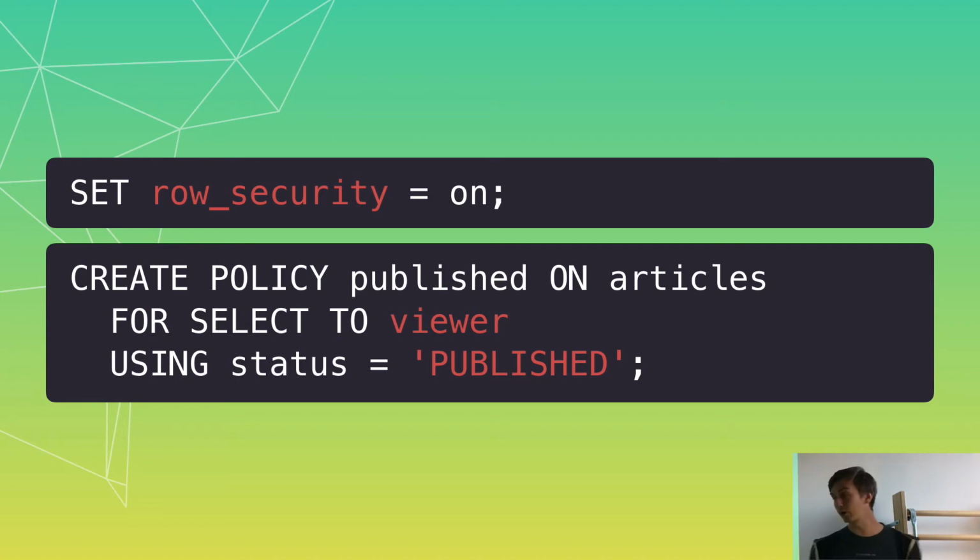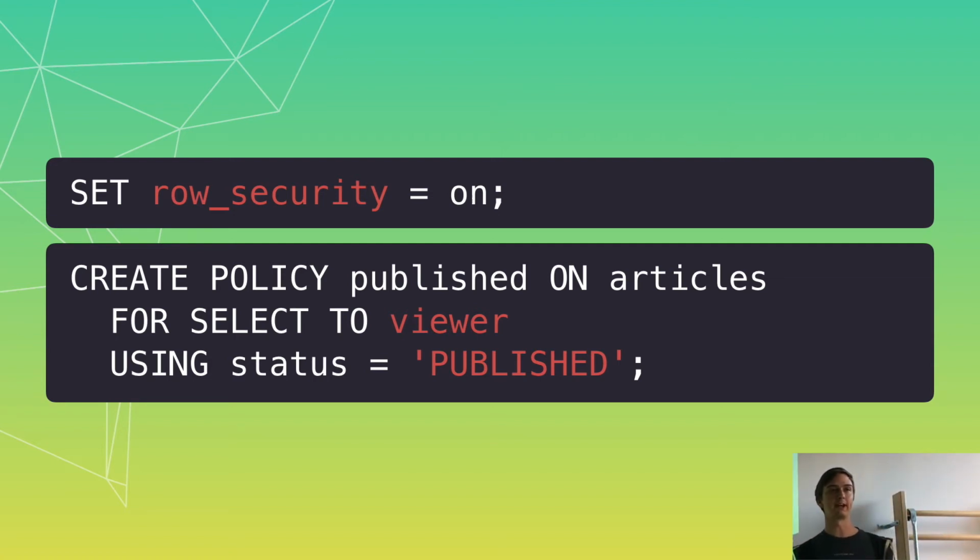Yeah, so what I'm doing here is this generic role called viewer, which is used by all the clients. If you have different users with different access rights, or basically every user has different access rights, you can also do this.